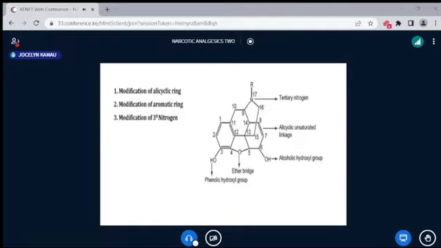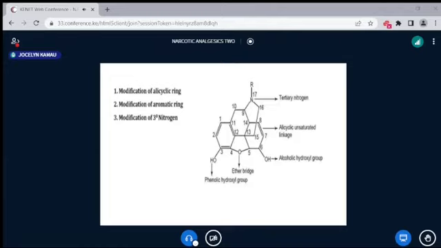Most of the other changes will result in a decrease in activity, unless you are using what we had said earlier, an isostere. But preferably, the benzene ring is the best in terms of activity. So in the phenolic aromatic ring, most of the major change is just the substitution on the hydroxyl group, and we will look at one on each one of them to see the different structures that you get.